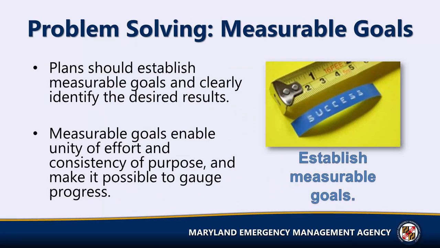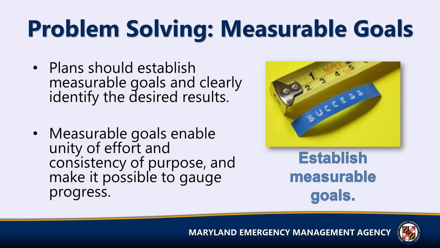Plans should establish measurable goals and clearly identify the desired results. Measurable goals enable unity of effort and consistency of purpose among all who must execute the plan, and measurable goals make it possible to gauge progress and closing capability gaps.